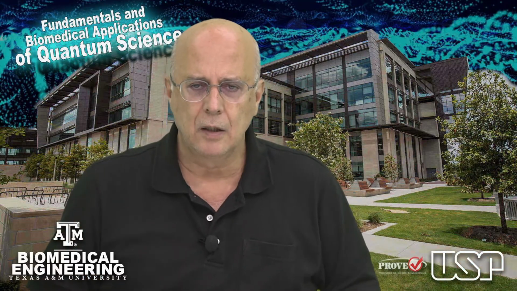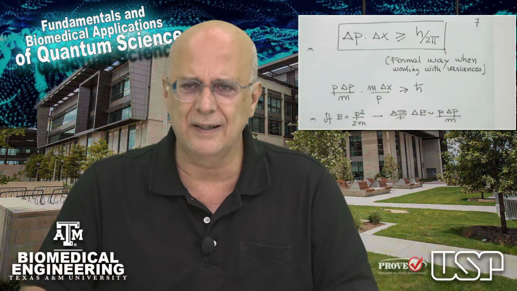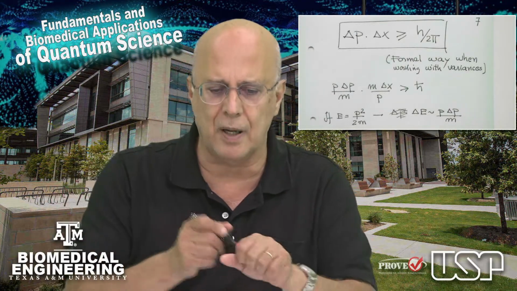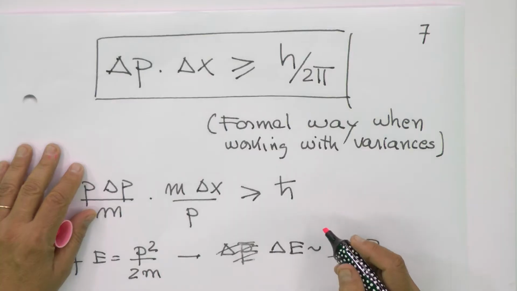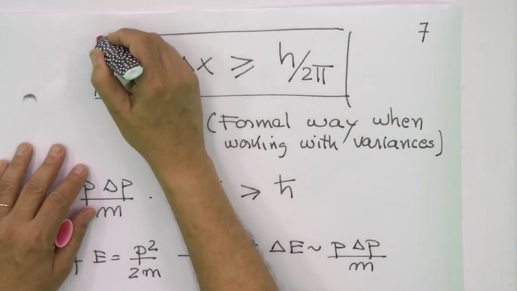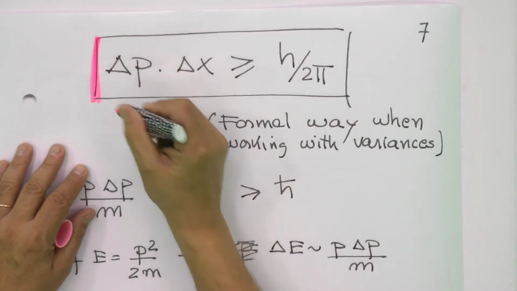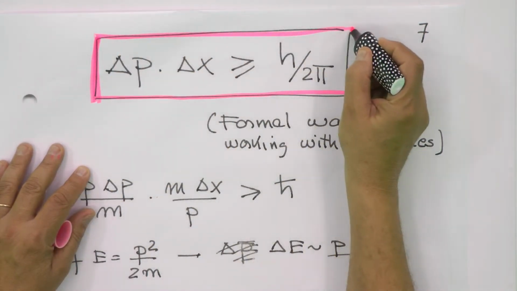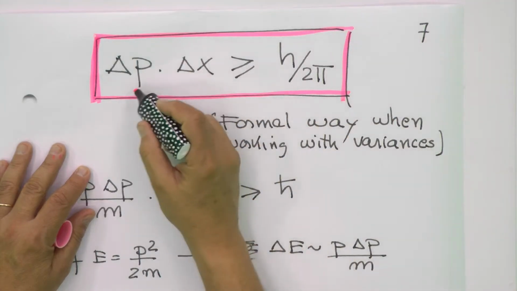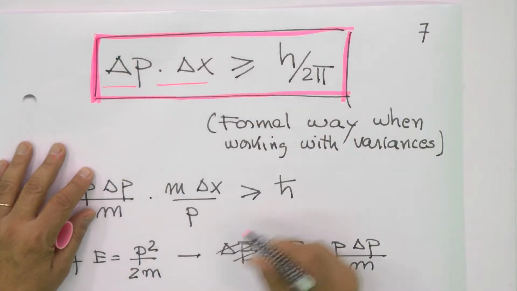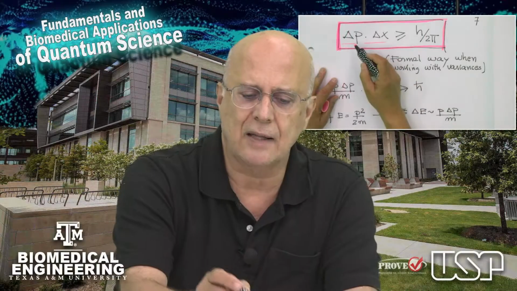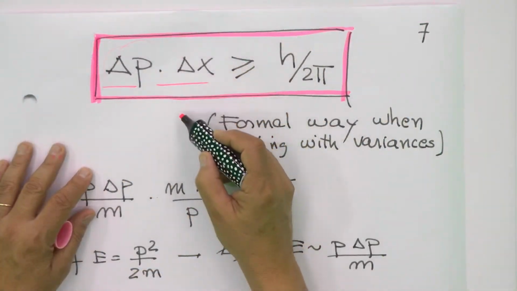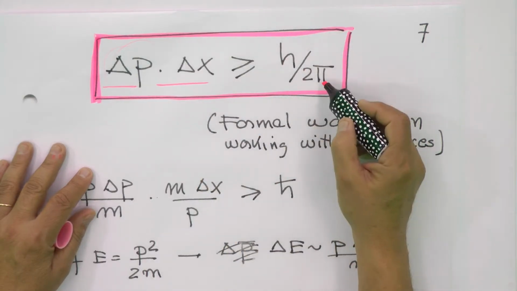If you do it formally, it's a little bit more elaborate, using Fourier transforms and variances. We can get that for a particle that has some momentum and some imprecision of the momentum, the localization of the particle is basically such that the product of the momentum variation and the position variation is h divided by 2 pi.